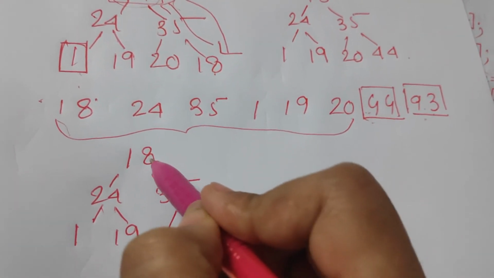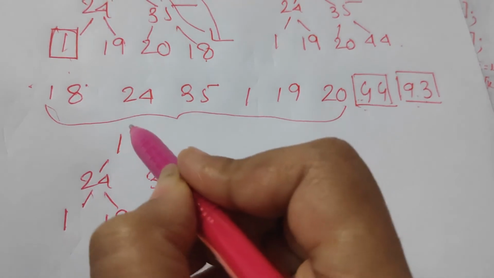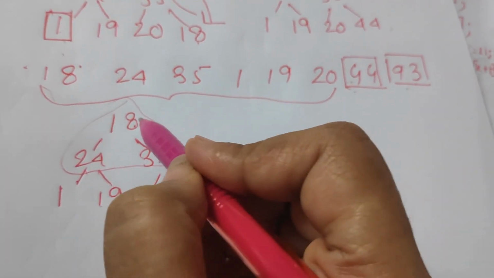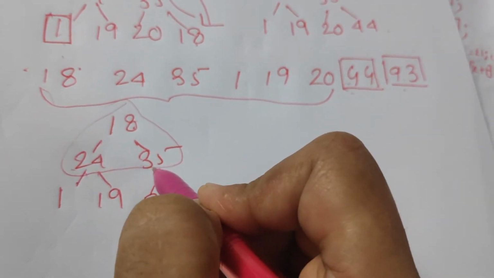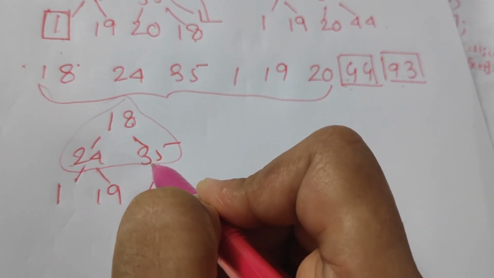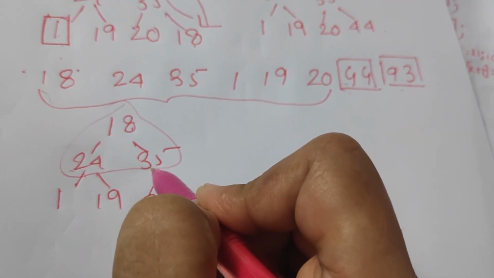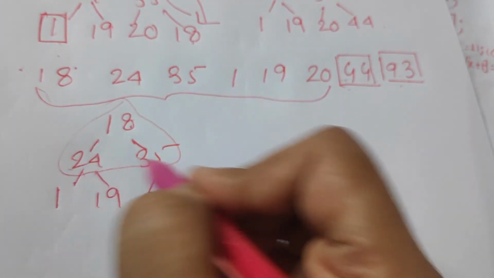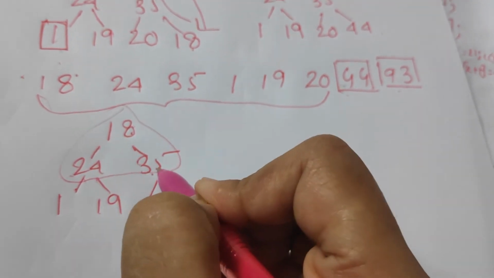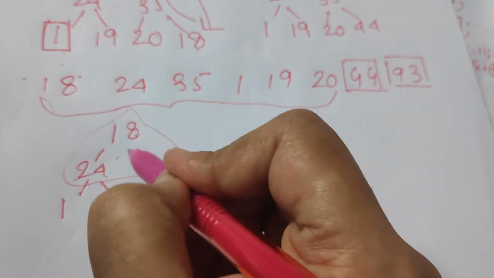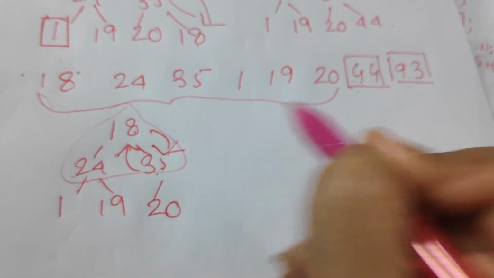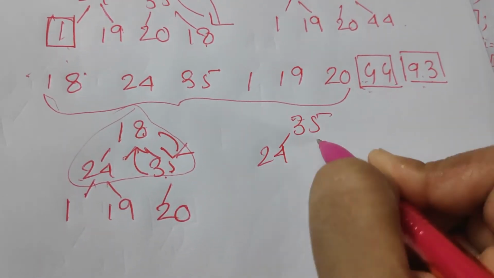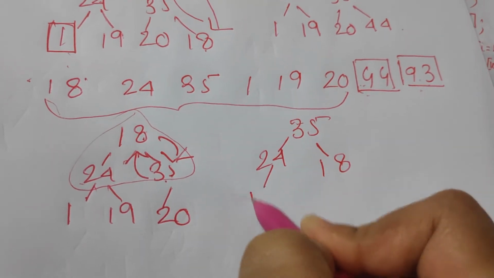So again we will start with the root node, and again we will check whether the root and its children are creating a max heap. But again we will find that there is a violation. So we will replace the root with the maximum of the 2 children, that is 35. So 35 would replace 18 and it would become 35, 24, 18.